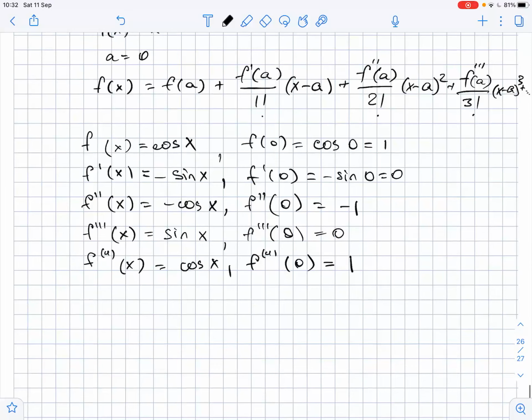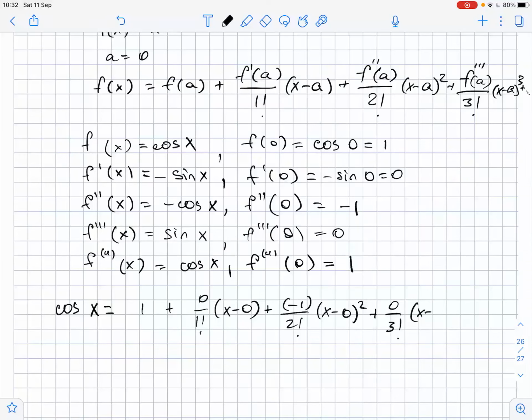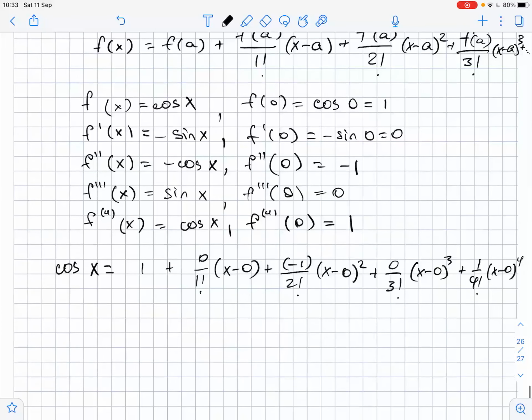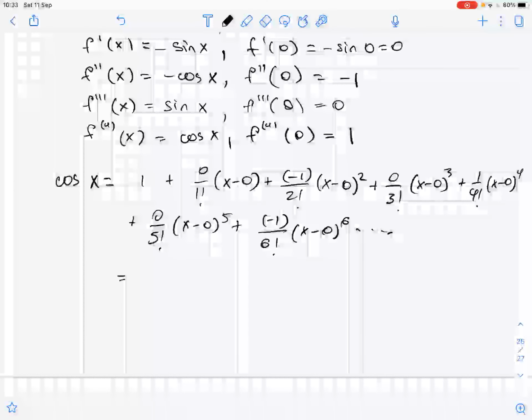Then the Taylor series of cosine of x is cosine of x equals 1 plus 0 over 1 factorial times x minus 0 plus negative 1 over 2 factorial times x minus 0 squared plus 0 over 3 factorial times x minus 0 cubed plus 1 over 4 factorial times x minus 0 to the fourth power plus 0 over 5 factorial times x minus 0 to the fifth power plus negative 1 over 6 factorial times x minus 0 to the sixth power, and so on.